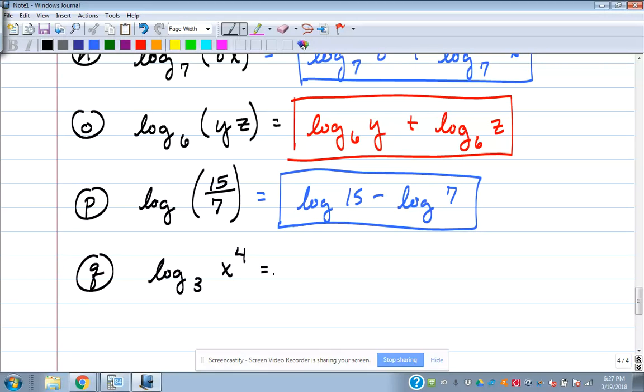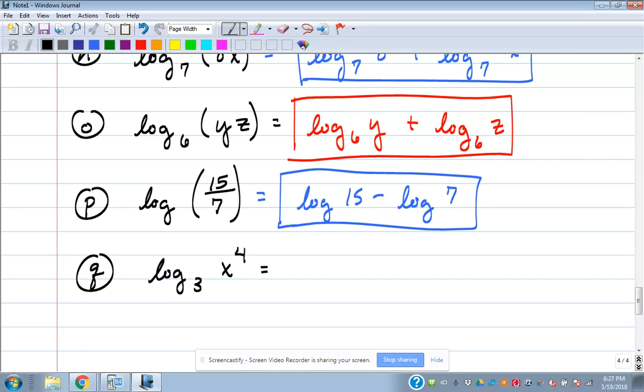Log base 3 of x to the 4th. Well, what are we taking the log of? X to a power, right?